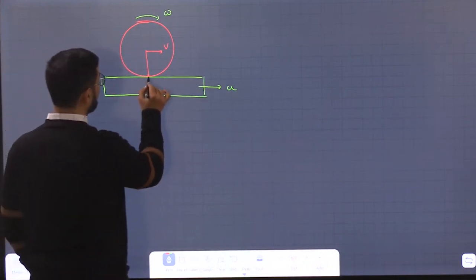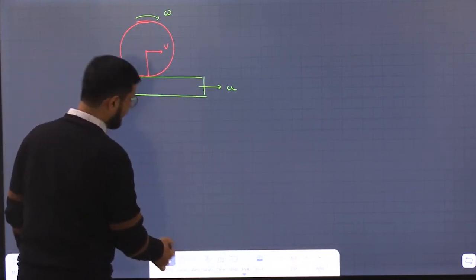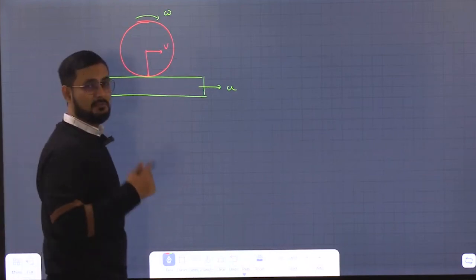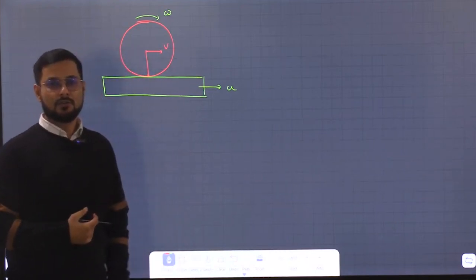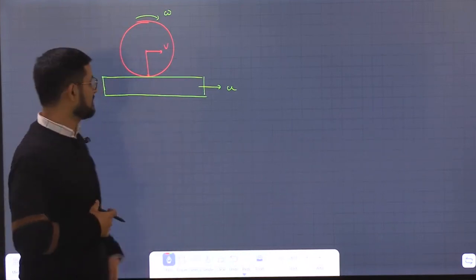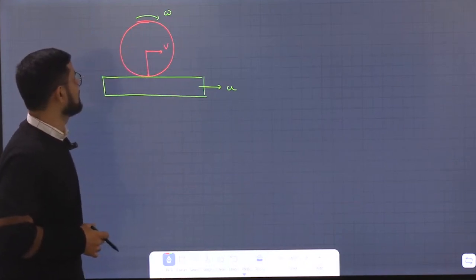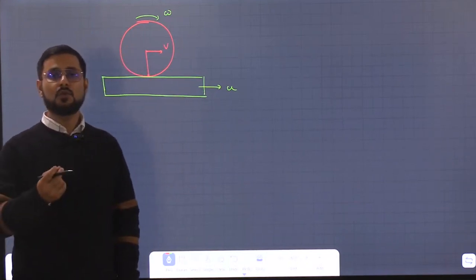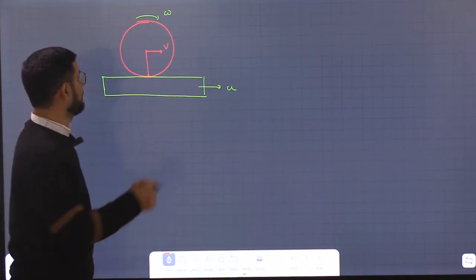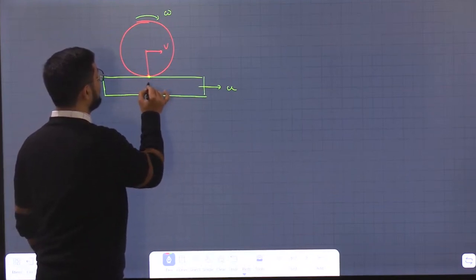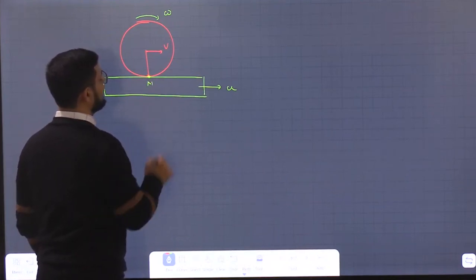So can you tell me whether this body is under pure rolling on this moving platform or not? I cannot say this just by seeing this situation. I need to know the velocity of the point of contact. What is this velocity exactly?